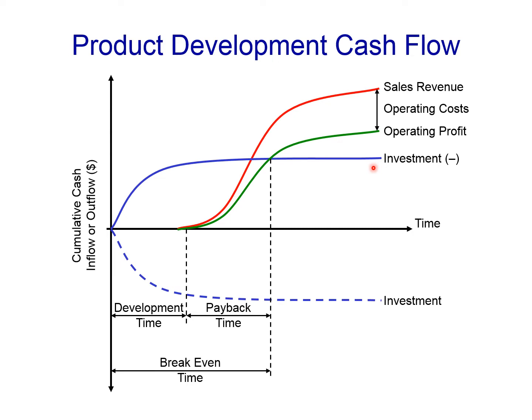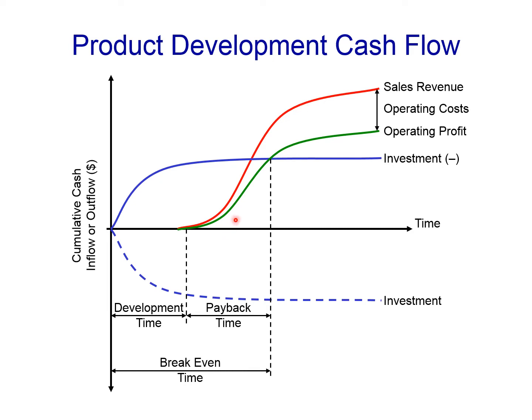The other two curves: the red one depicts the sales. At some time, we start selling the product, right about here, around where we stop development. Sales start slow, and maybe they will pick up and accelerate as the product matures, and then slow down as it becomes mature and the market saturates.